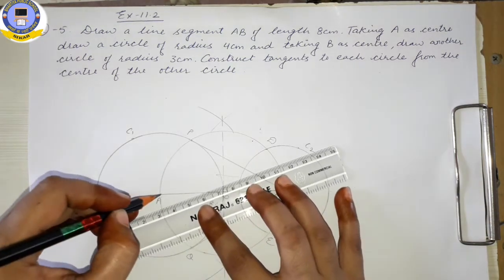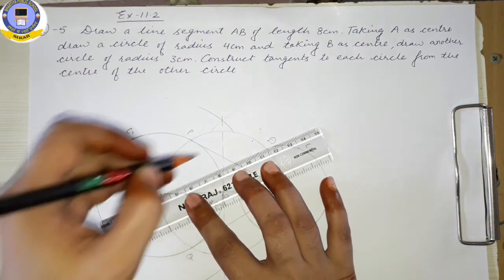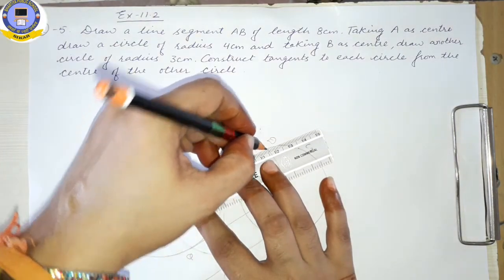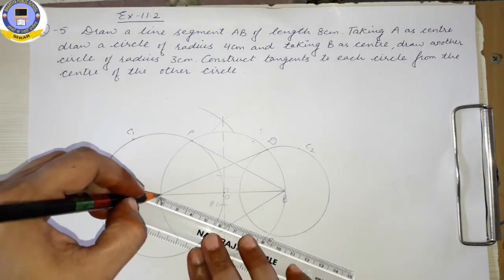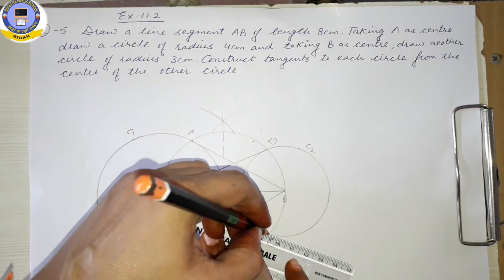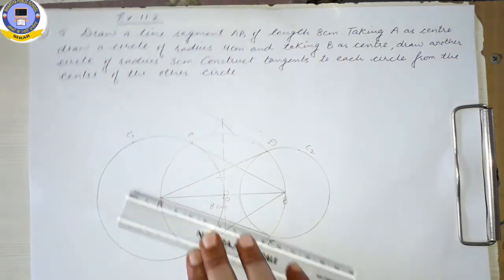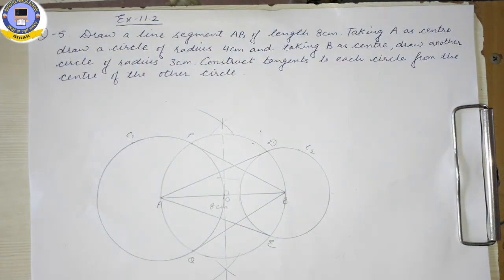So now join AD and AE. When we will join AD and AE, we will get two tangents from external point A on C2.